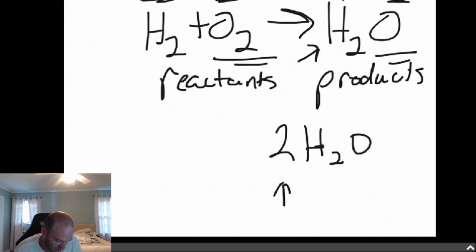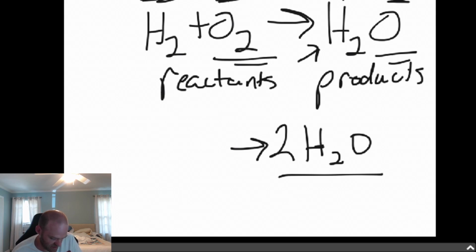Just keep that in mind: a coefficient in the front means I'm multiplying everything by that number. So let's go back to our equation. Plus, not plus, yields. Now I need to match the same number of atoms that I had on this side over here.